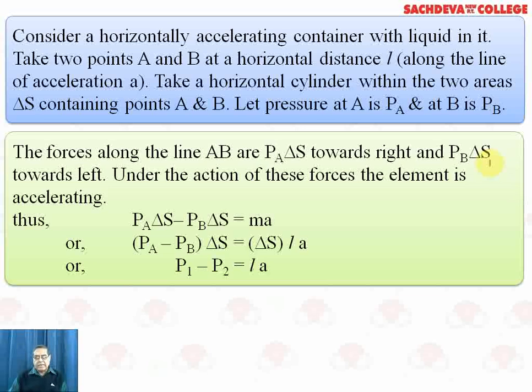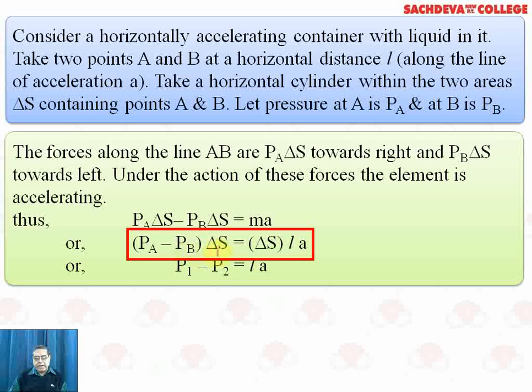So PB delta S is towards the left. Under the action of these forces, the element is accelerating. Whenever we apply force and mass is constant, it means the body is accelerating in the direction of force. So PA delta S minus PB delta S will be equal to MA. That is the second law of motion.